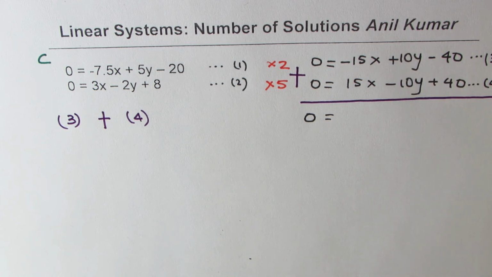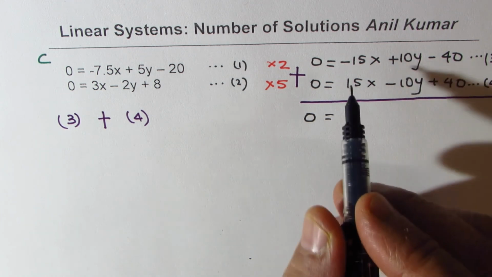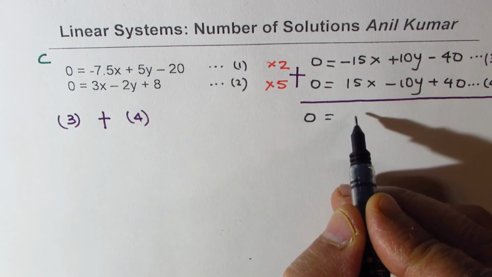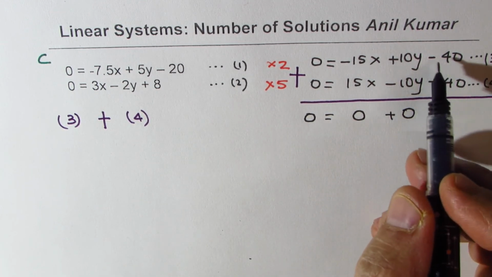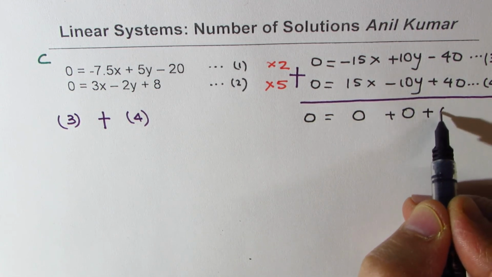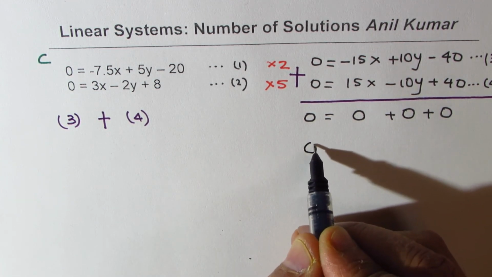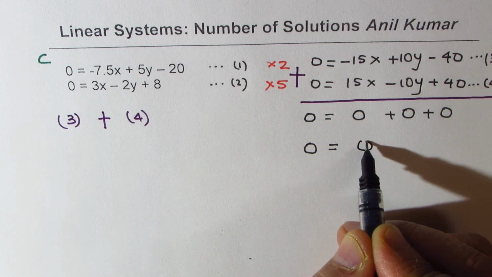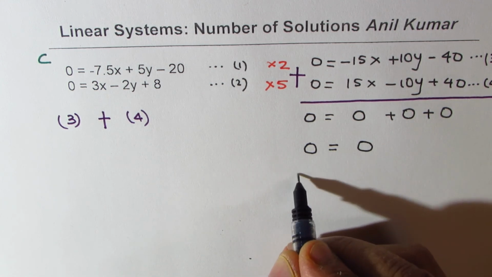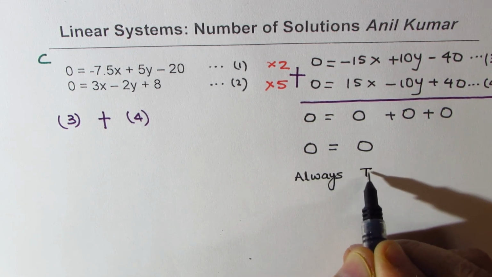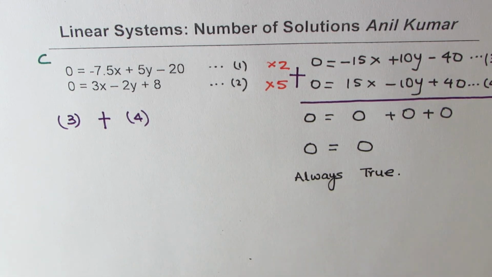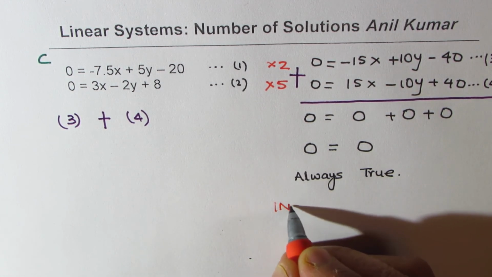If you add, they cancel away. Minus 15x plus 15x, you get 0. Here also you get plus 0. And minus 40 plus 40 is also 0. So what you really get is 0 equals 0. Now 0 equals 0 is always true. Since 0 equals 0 is always true, we have infinite solutions.